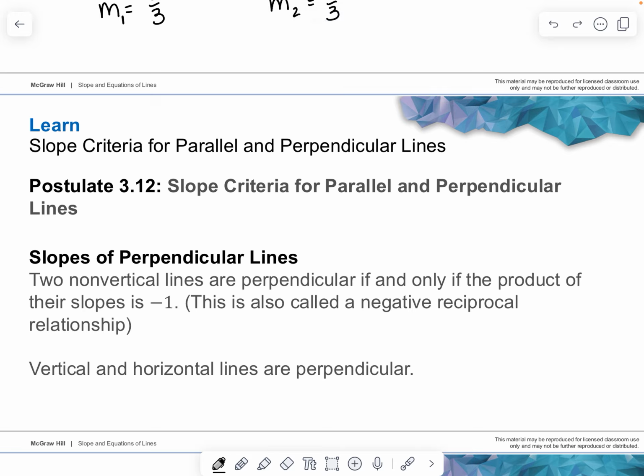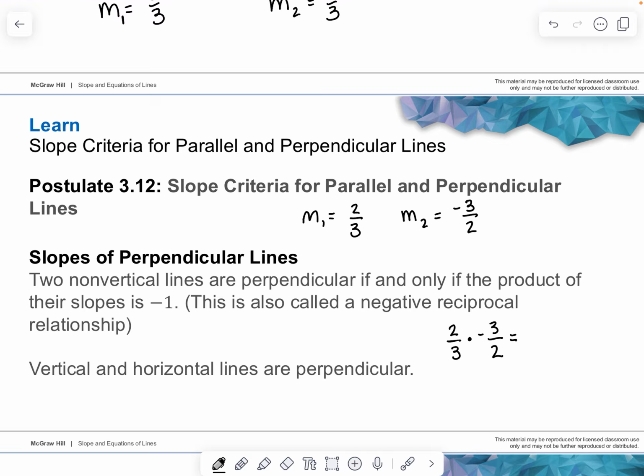So 2 slopes that are perpendicular would look like this. Slope 1 could be 2/3, and slope 2 could be -3/2. So if I multiply those, 2/3 times -3/2, do you remember how to multiply fractions?